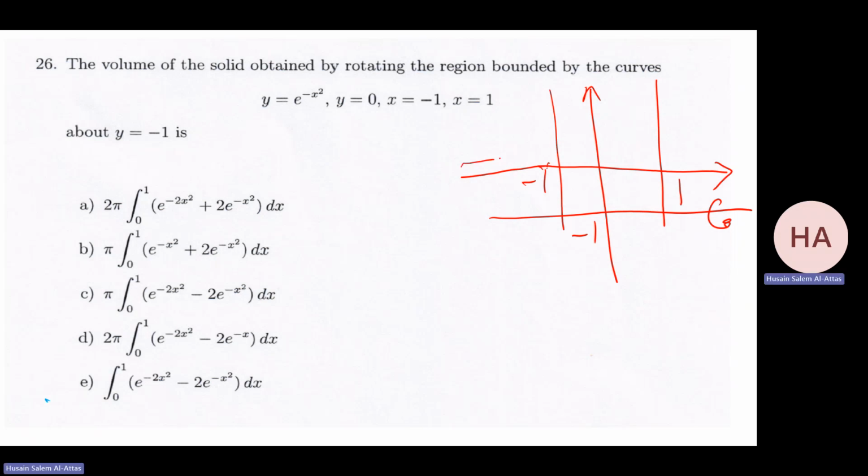It will reach 1, this is 1, then it will go. What's important for me is that it's positive here. It's above the x-axis, it's always positive. So you can control it by this x-axis. So now we'll put the line.